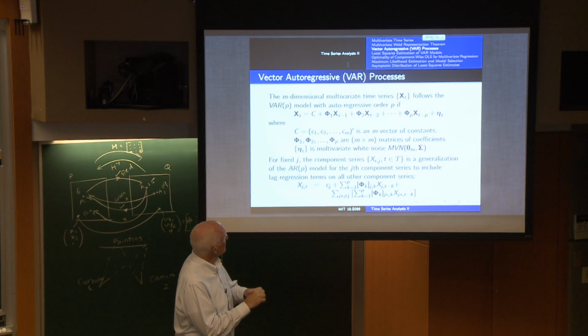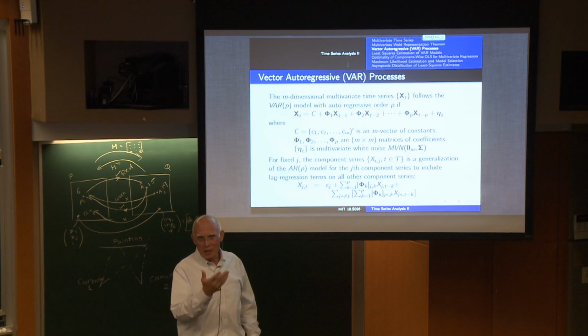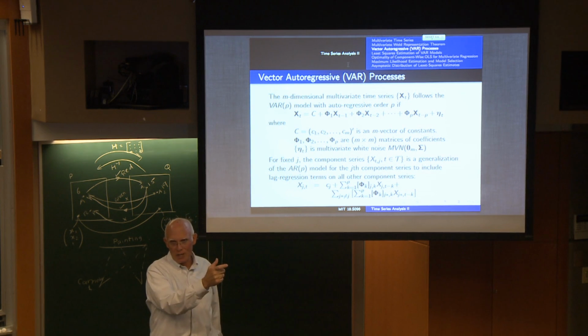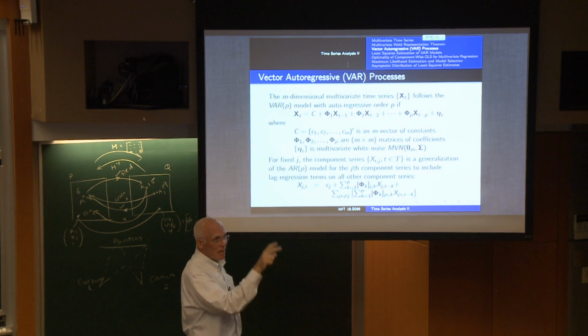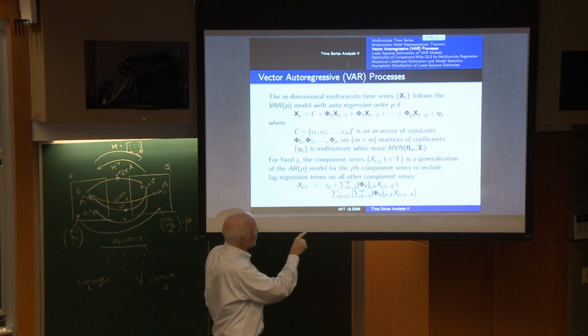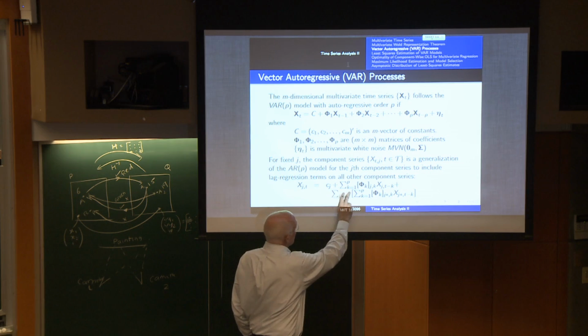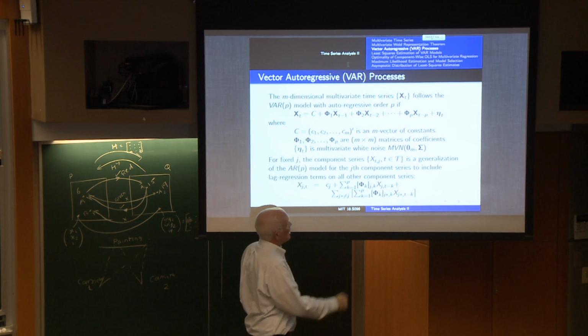So if we look at what this represents in terms of a component series, we can consider fixing j, a component of the multivariate process. It could be the first, the last, or the jth, somewhere in the middle. And that component time series, like a fixed exchange rate series, whatever we're focused on in our modeling, is a generalization of the autoregressive model where we have the autoregressive terms of the jth series on lags of the jth series up to order p.